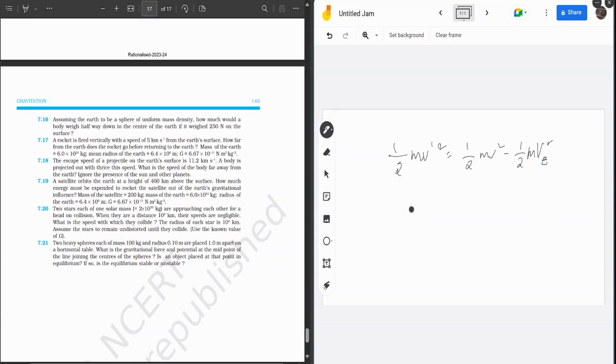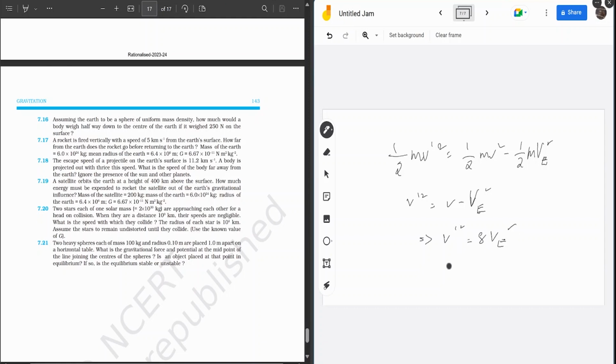Okay, so v dash square is equal to v square minus Ve square. This means v dash square is equal to 8 Ve square.